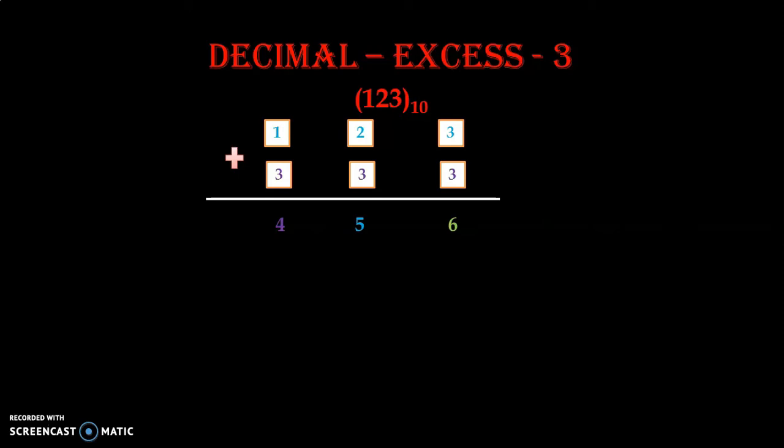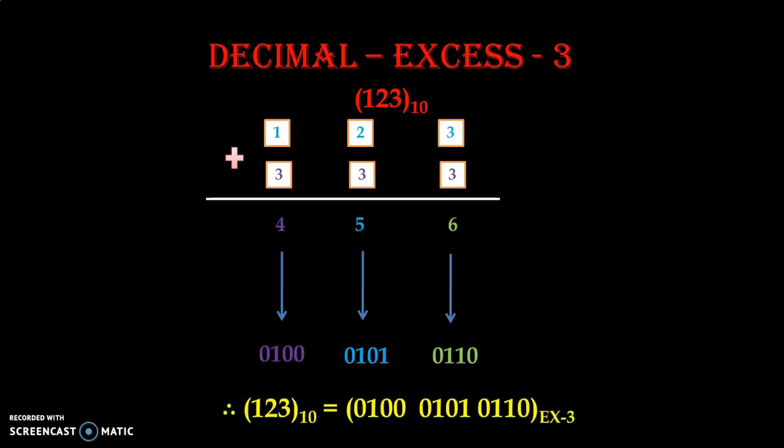Now the next step is very simple. We convert each decimal number into an equivalent binary number in a group of 4. So 6 is 0110, 5 is 0101 and 4 is 0100. So we have our answer. This way we can convert a decimal number into excess 3 code.